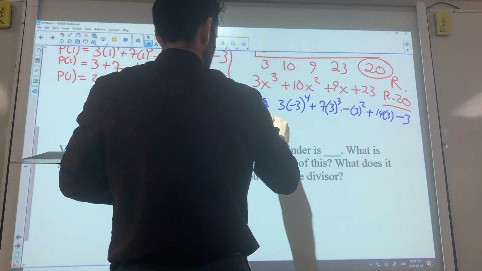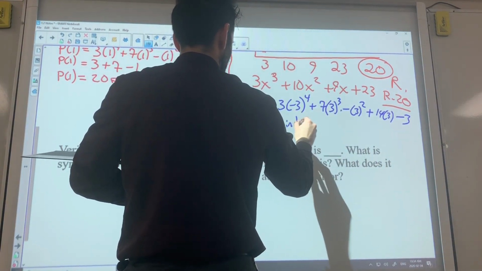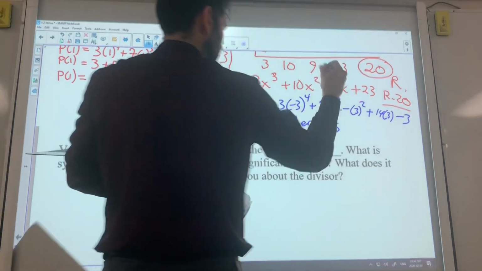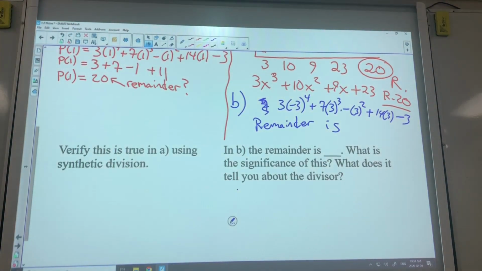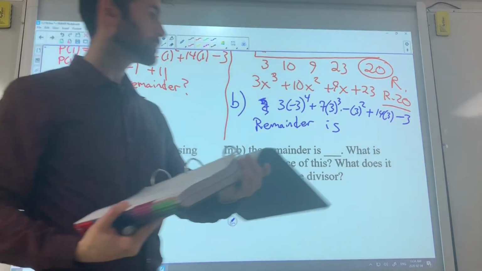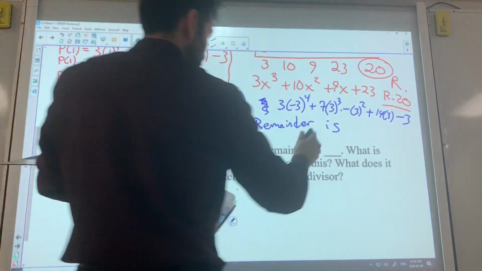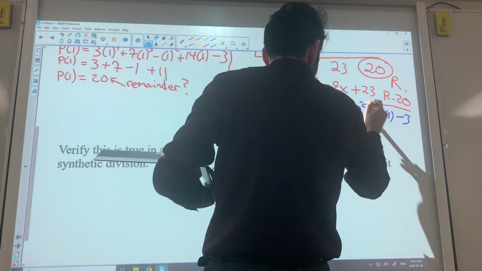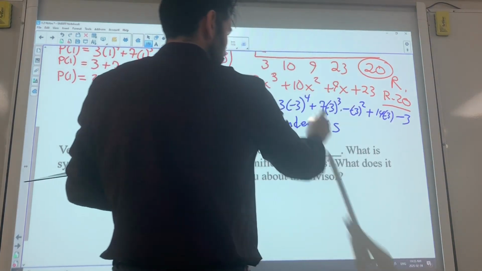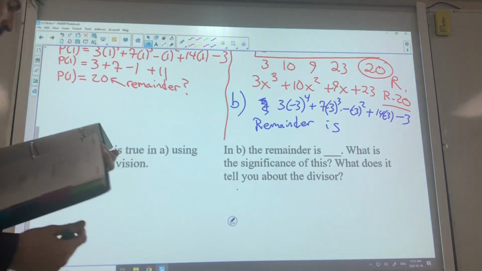What's the remainder? 14. Oh yes, I started writing 3, but it's negative 3. You're 100% correct. So all those brackets, negative 3.